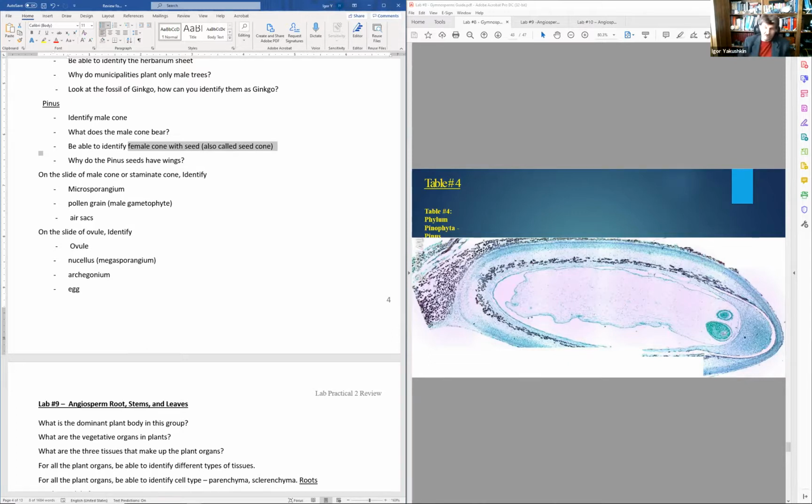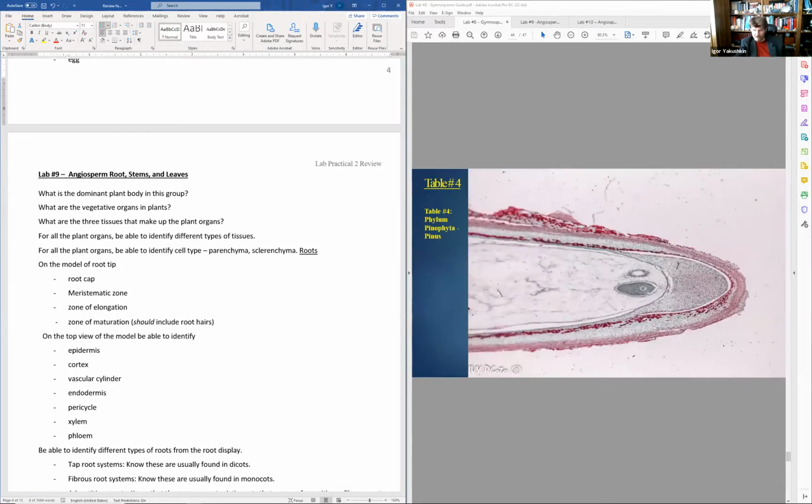So basically, I need to bring the Russian nesting doll from downstairs, right? The small one, the egg, will be located in the archegonium. The archegonium will be located within the female gametophyte, all of that located within the ovule.